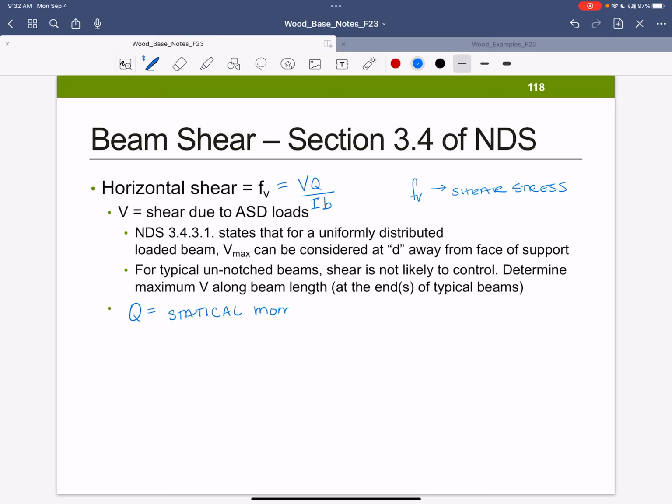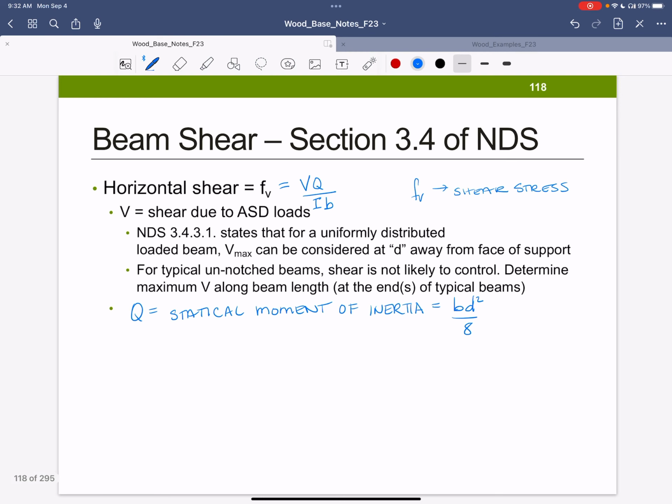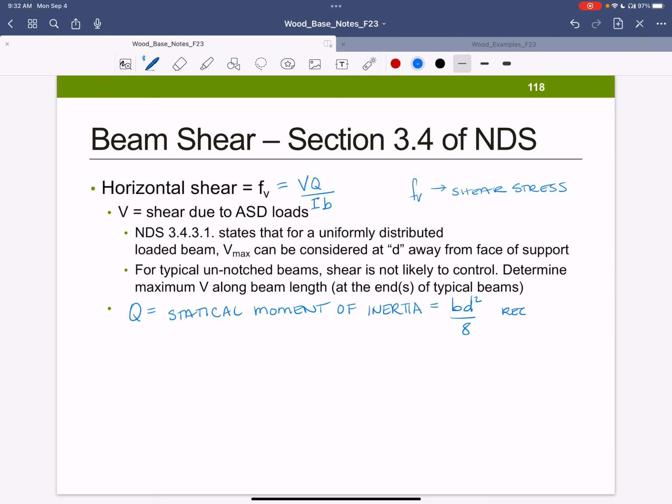I always called it static moment of inertia. And that is bd squared over 8 for a rectangular member, which is primarily what we're dealing with right now. We can look it up as we need to for other types of members.